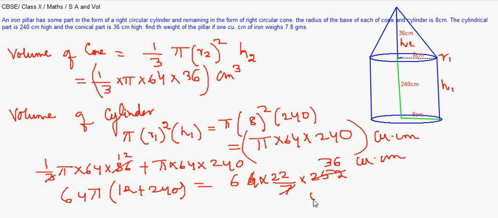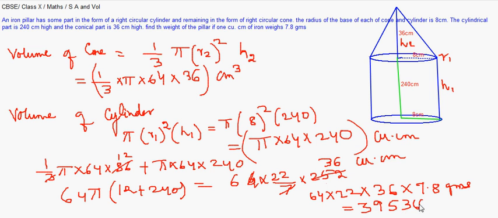So we will multiply 64 into 22 into 36 with 7.8 grams. If I do this, I am getting 395366.4 grams.